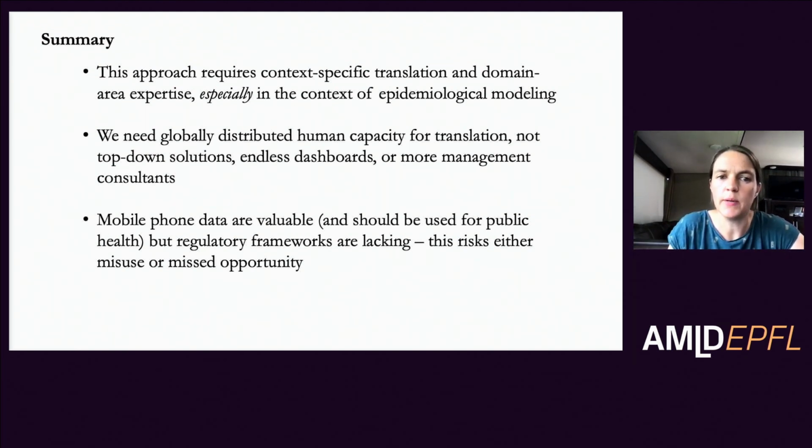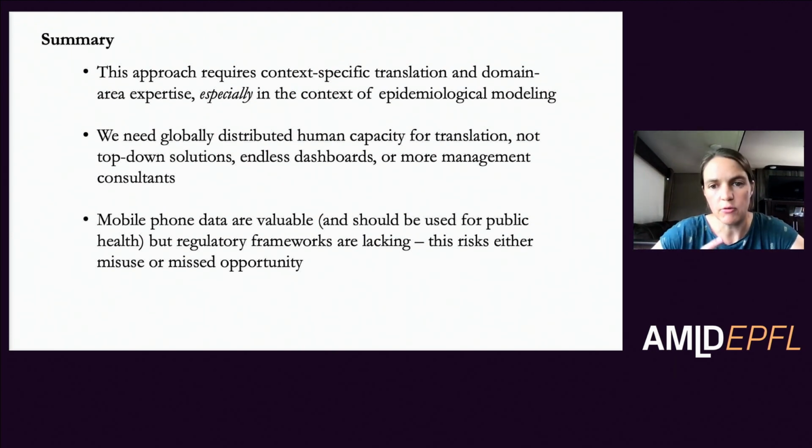We really need a globally distributed system for translation. So not a single model where we automate everything and then apply it everywhere, not a million dashboards that aren't helpful. And I hope I don't offend anyone, I don't think we need more management consultants jumping in to try to do this translational work. We actually need distributed capacity. And I think that's a major global health gap right now.